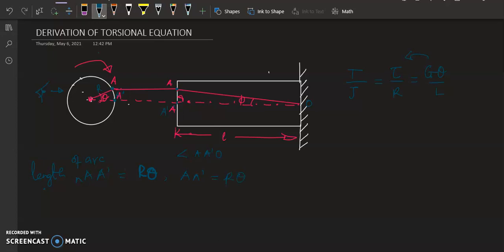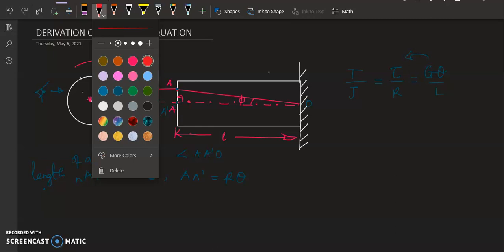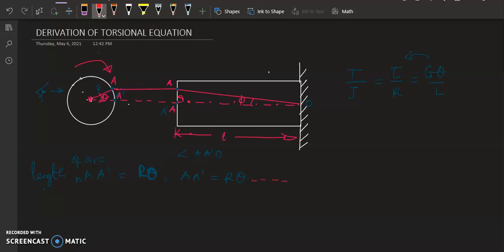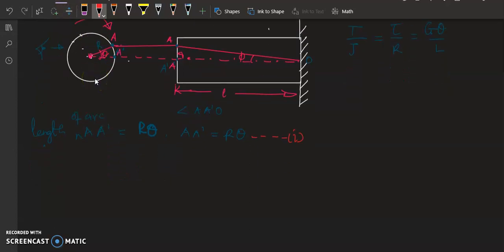So that is the first equation that we are going to get under this. First of all, we have gotten this length A A prime, and that is equivalent to R theta.